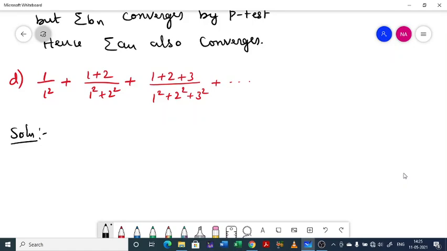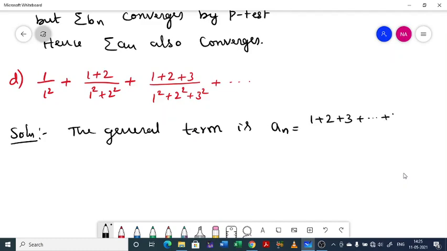So if you look into the terms here, the general term is an equal to 1 plus 2 plus 3 plus and so on n divided by 1 square plus 2 square plus 3 square plus and so on n square.